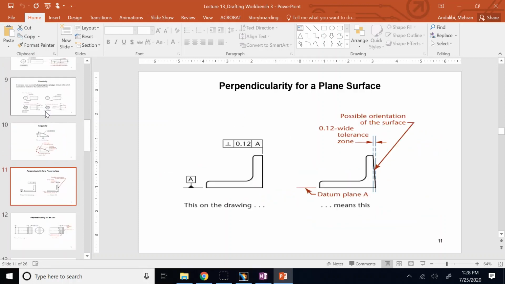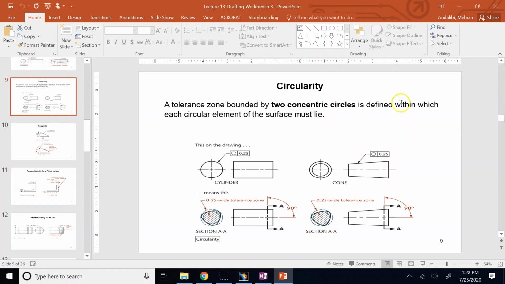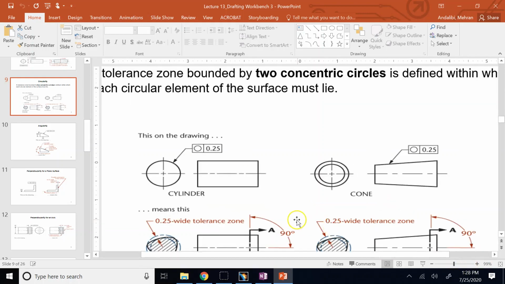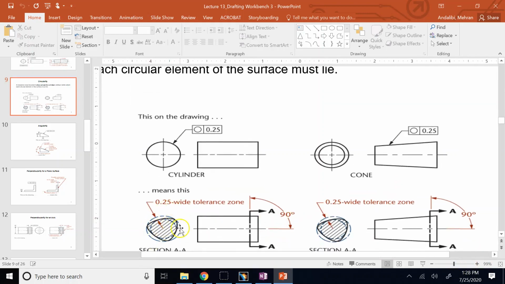Let me show you a couple more. For circularity, if I say I want this shaft to be circular with a tolerance zone of 0.25, what does that mean? It means if I make the shaft something like that, of course, again, this is too much exaggeration, but you might make something like that if you're not really good.